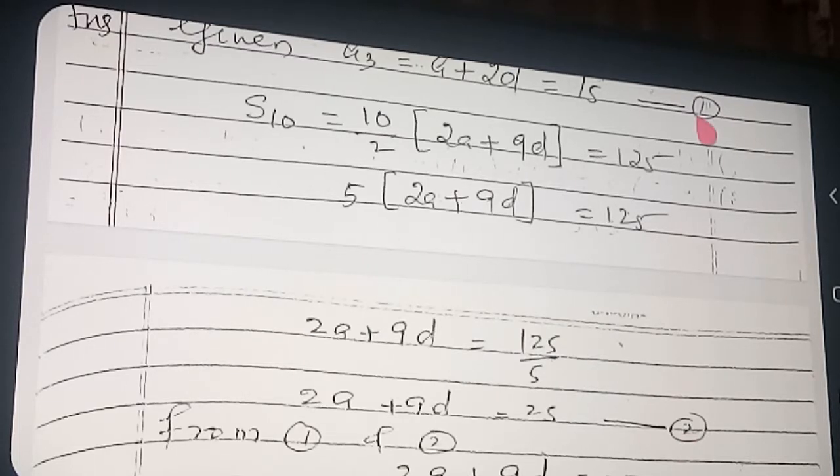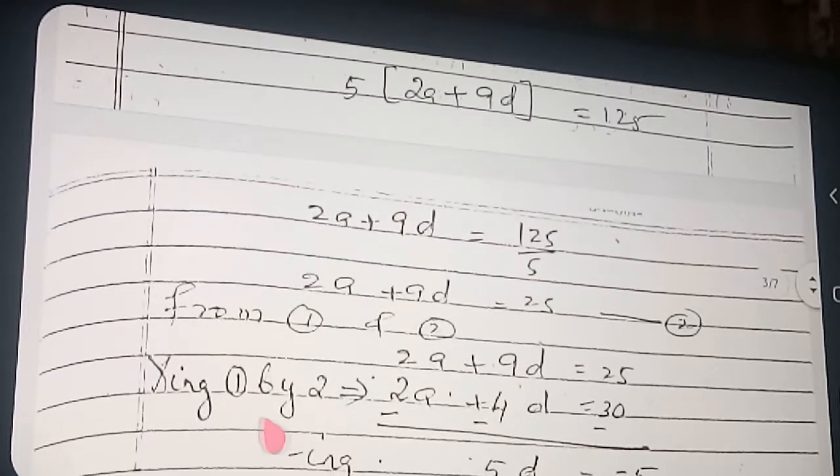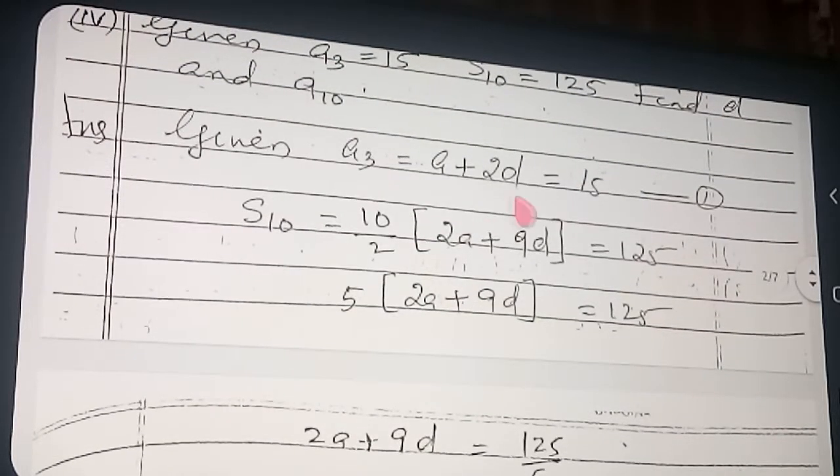So I multiply equation number 1 by some number. See here: equation number 2 is 2A plus 9D is equal to 25. And equation number 1 is A plus 2D. By solving directly, A will not cancel, so I multiply equation number 1 by 2.